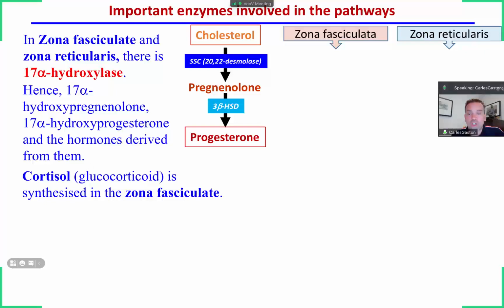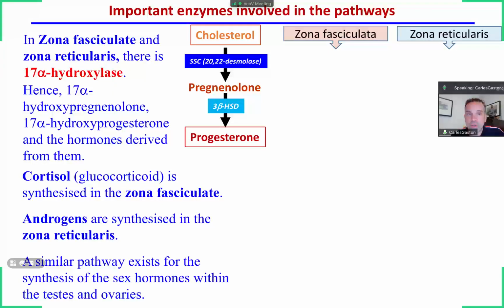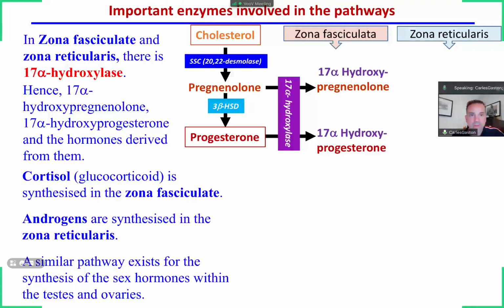Cortisol, a glucocorticoid, is synthesized in the zona fasciculata. Androgens are synthesized in the zona reticularis. A similar pathway exists for synthesis of sex hormones within the testes and ovaries, outside of the adrenal glands.